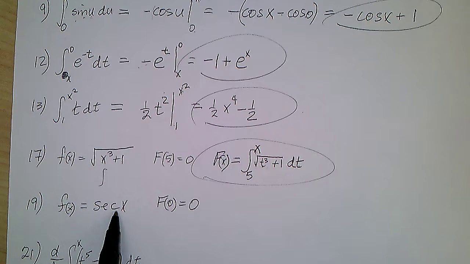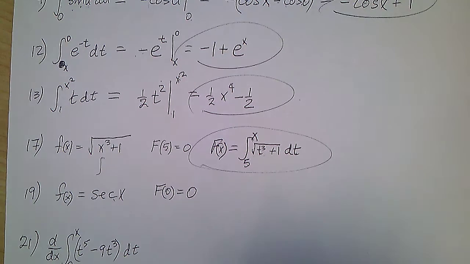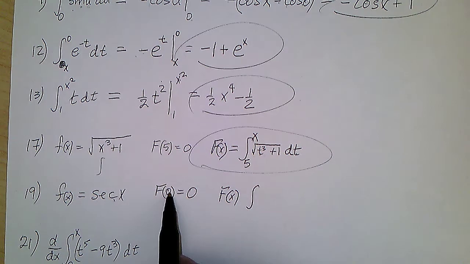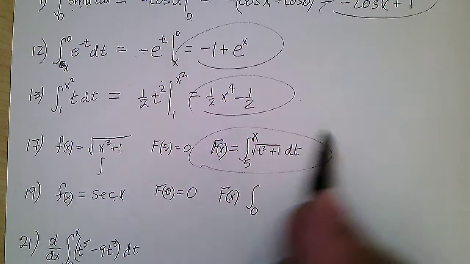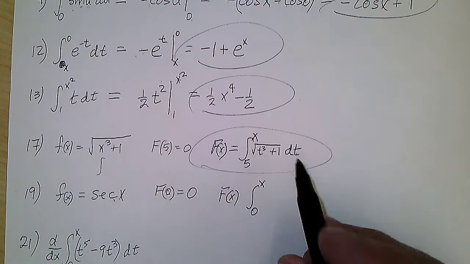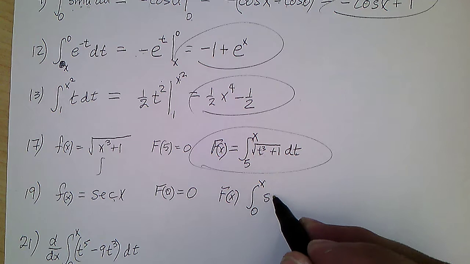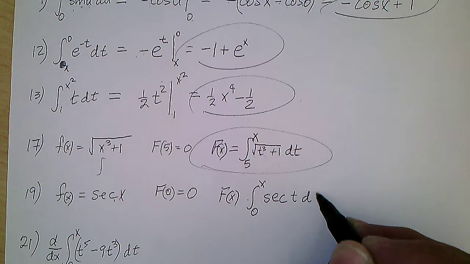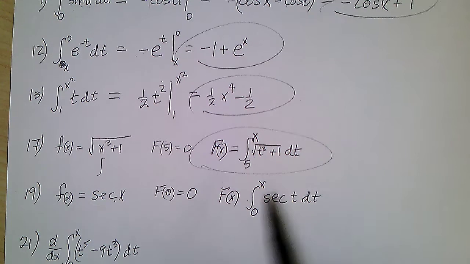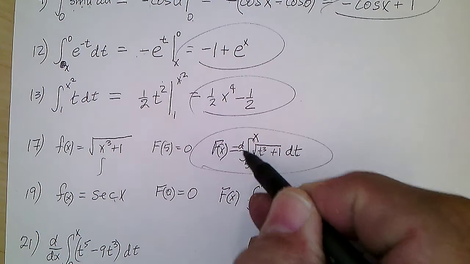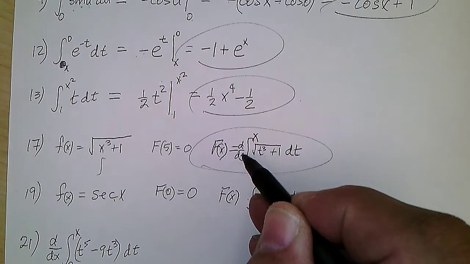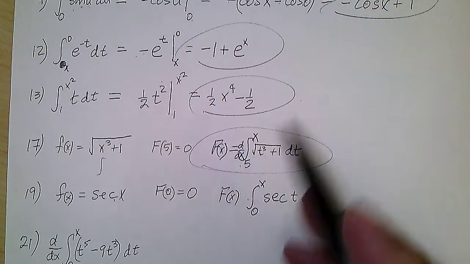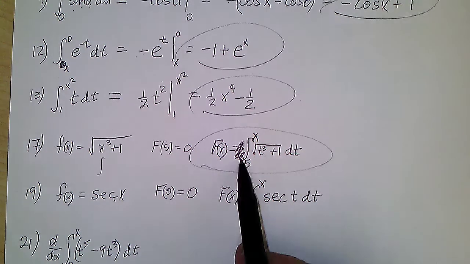And I'm doing a similar thing here now with secant, so it'd be capital F of x would be the integral from 0, which makes 0, to x of secant of t dt. And I forgot to say the derivative dx, the derivative of the integral, no, I don't need to take the derivative because I just need the capital.